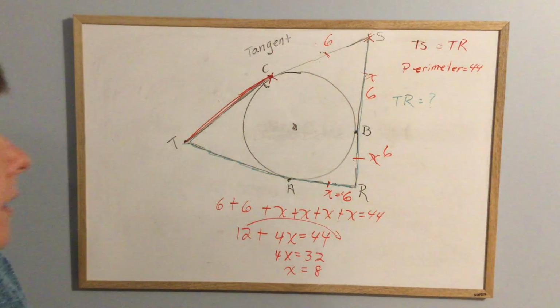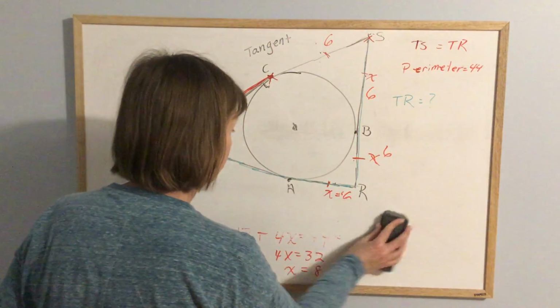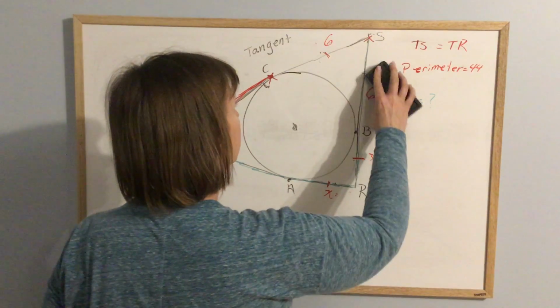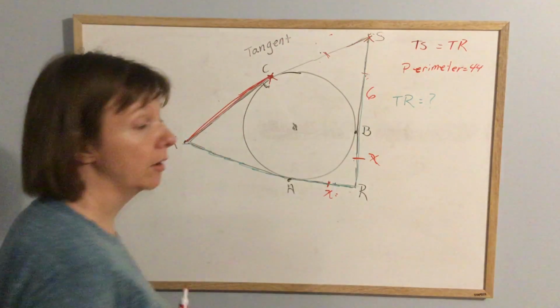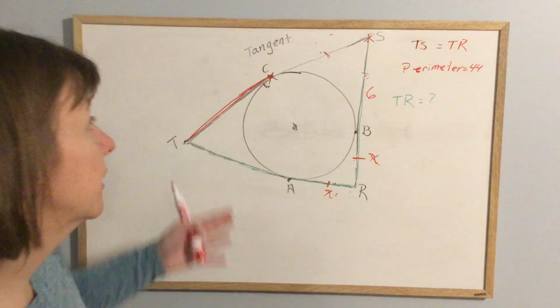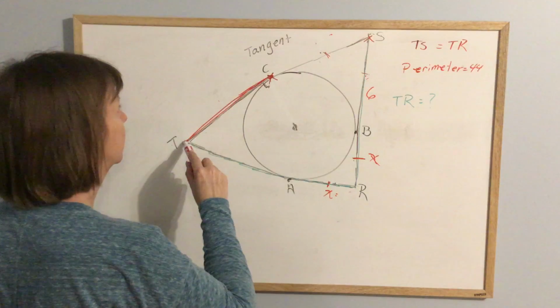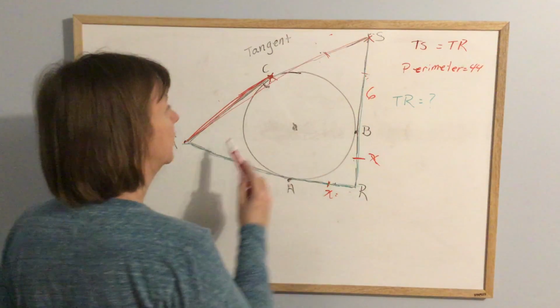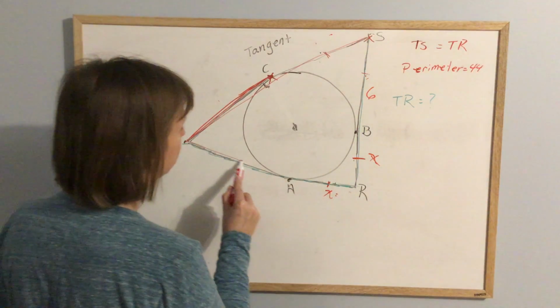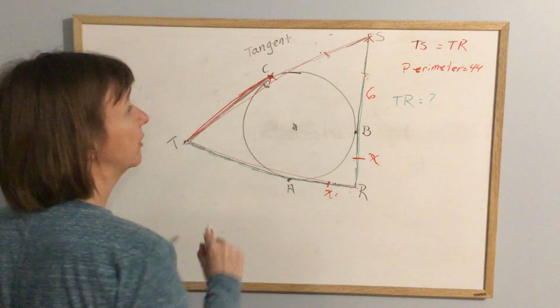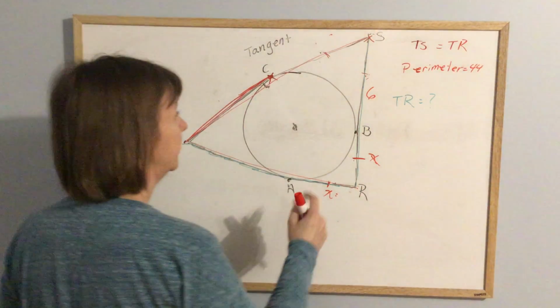So let's do this again so that you are with me, I hope. Okay, so now that it's labeled right, they tell us that TS from here to here is equal to TR from here to here. They tell us that the whole perimeter is 44, all right?